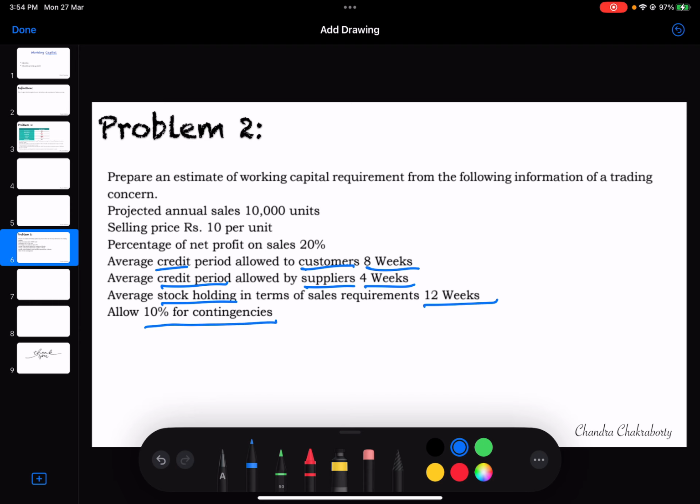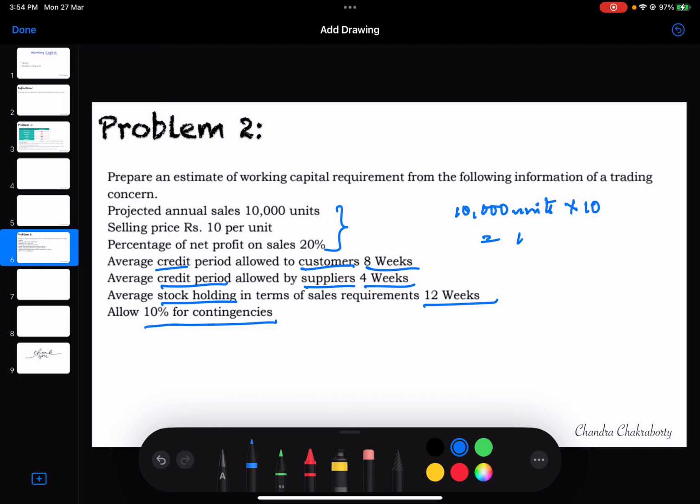All right. Now here, first we have to do a bit of calculation. Okay, based on these 3 lines. Okay, so projected annual sales is 10,000 units and selling price is 10 per unit, right? So here, the selling price of 10,000 units, okay, into rupees 10.